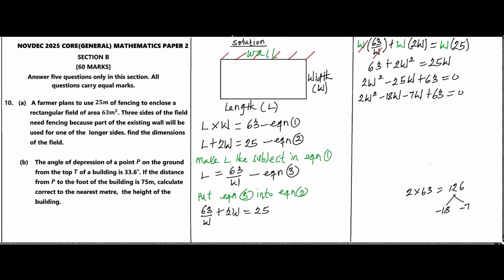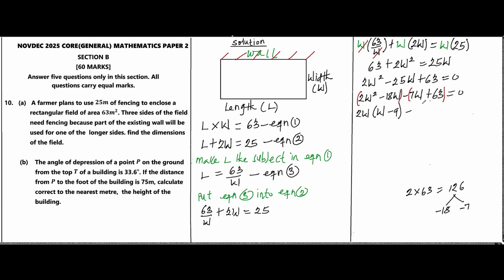So let's group them. We group this, then we group this. Let's factorize each bracket. What is the common factor here? The common factor here is 2W, so we are left with W minus 9.